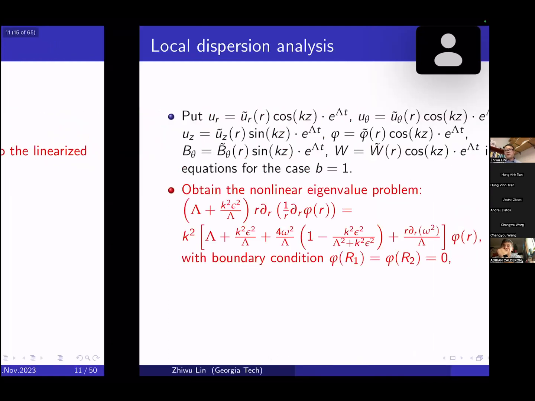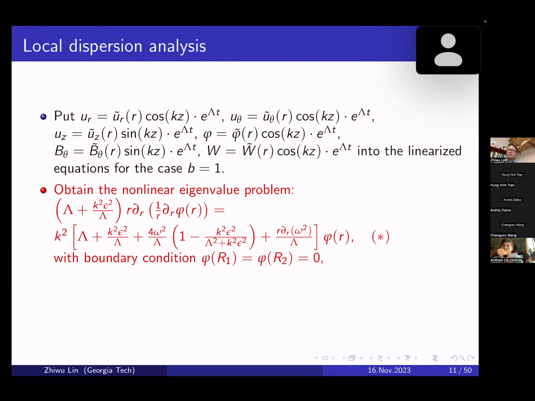After some algebra, you get a second order ODE for the perturbation of the magnetic potential. The boundary condition now becomes the zero boundary condition at R1 and R2, the inner and outer boundaries of the cylinder.